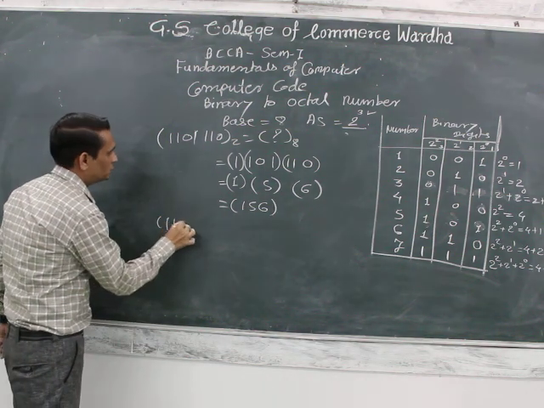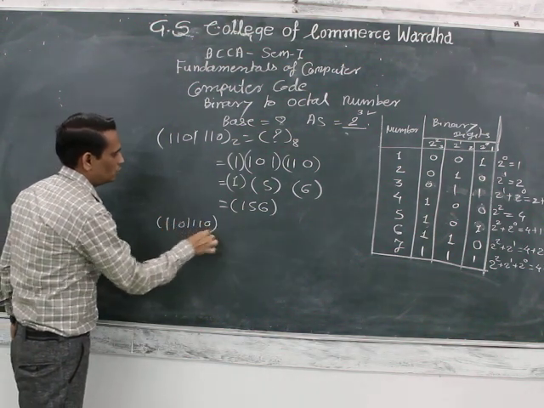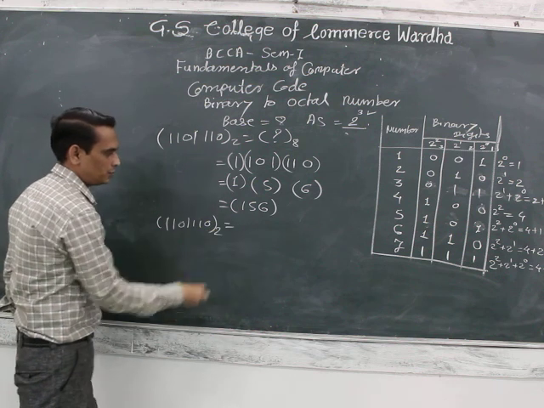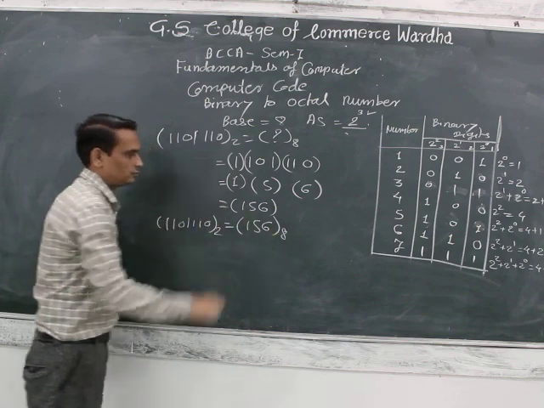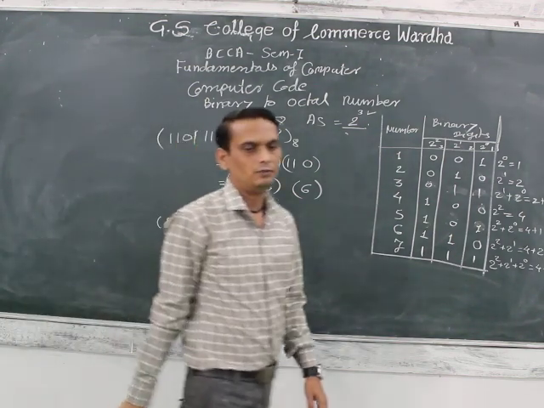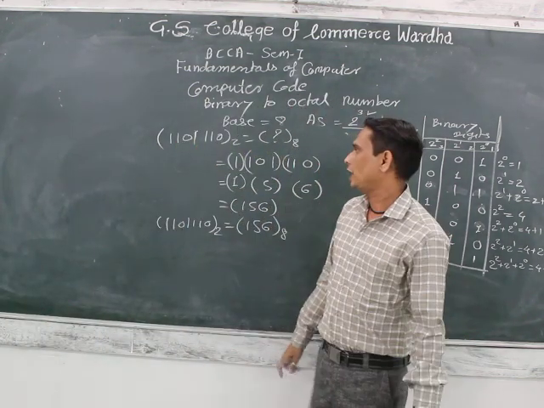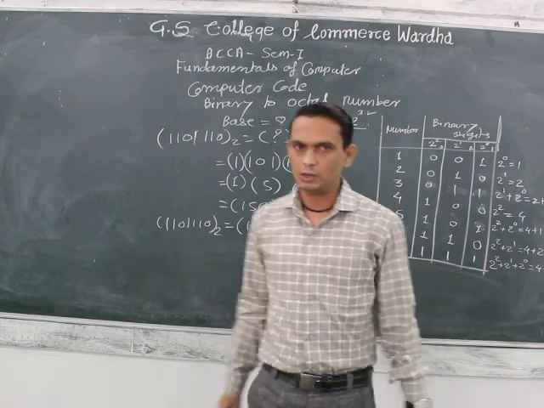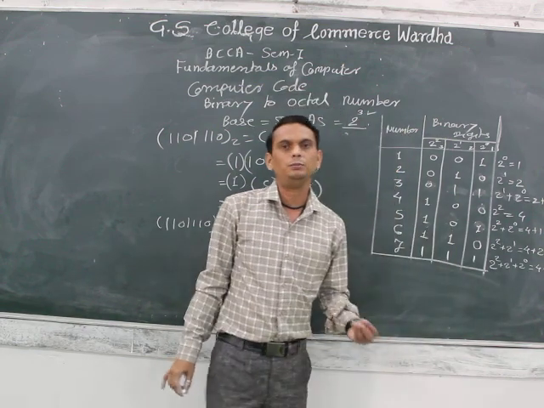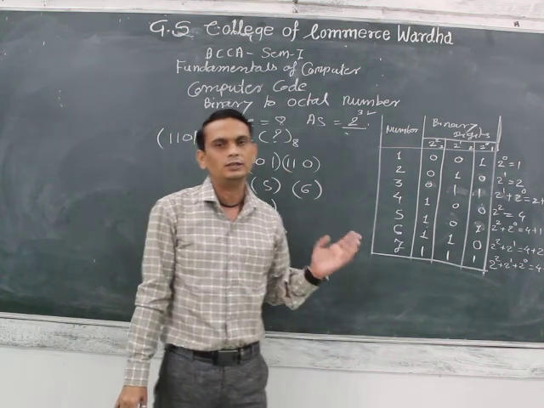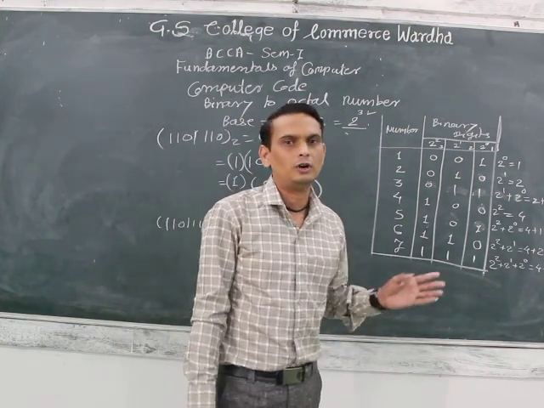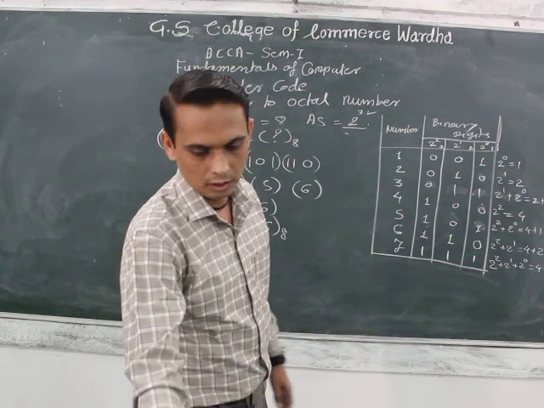So 110110 binary represents 156 octal. In this way we can convert a binary number into a decimal or octal one by using the 3-bit values of the binary, and it will represent the same number.